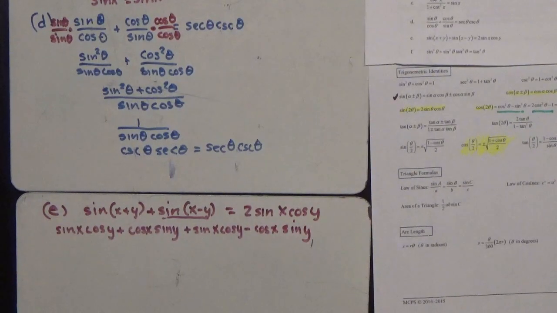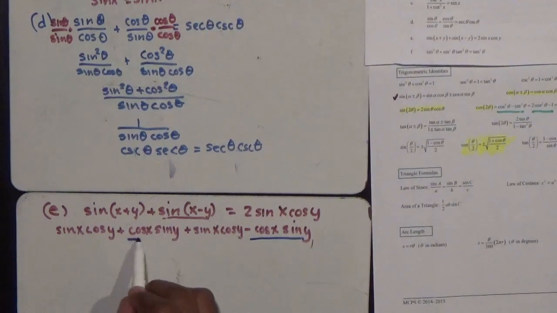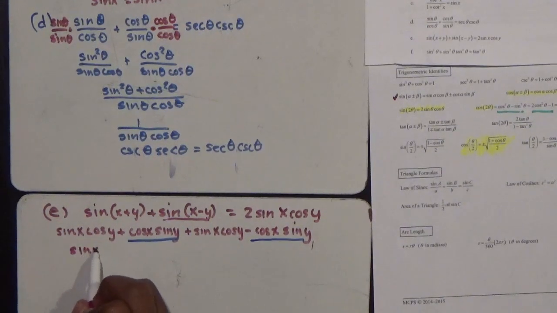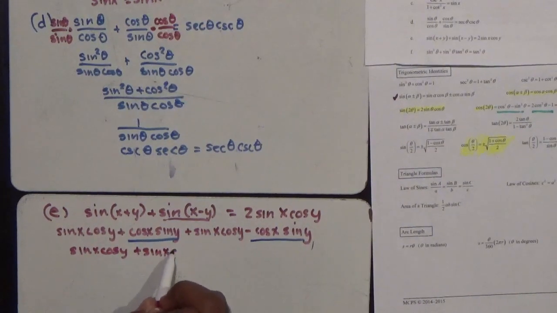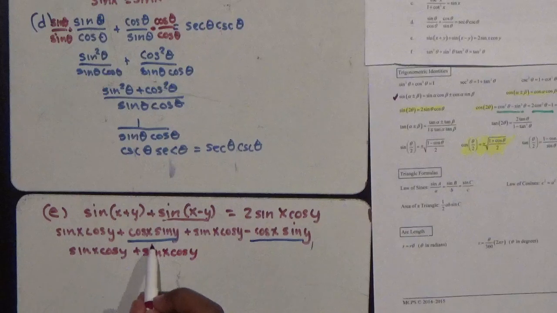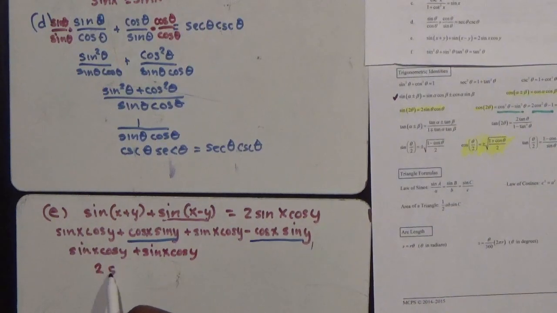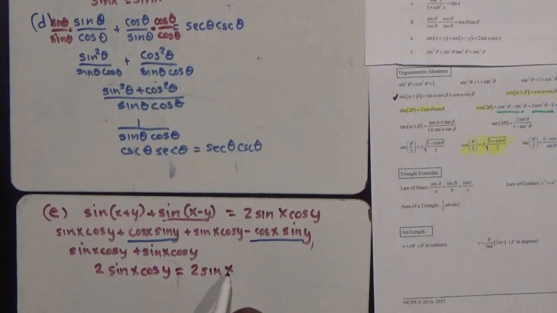Now look at it closely and you will see that this cancels with this. They cancel. That leaves us with sine x cosine y plus sine x cosine y, which is equal to 2 sine x cosine y. Oh, we're done. Oh, nice.